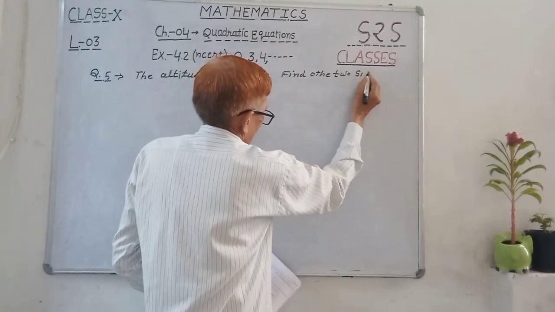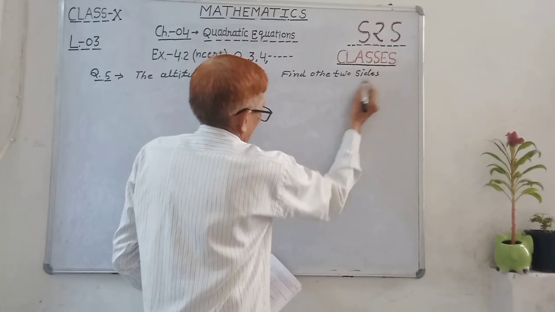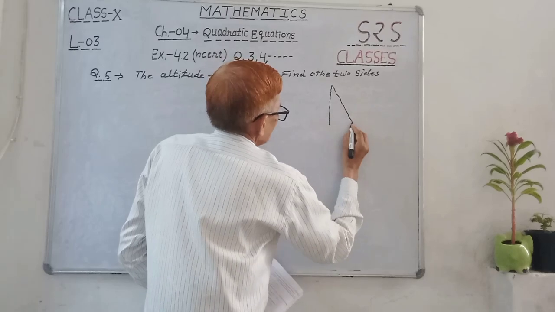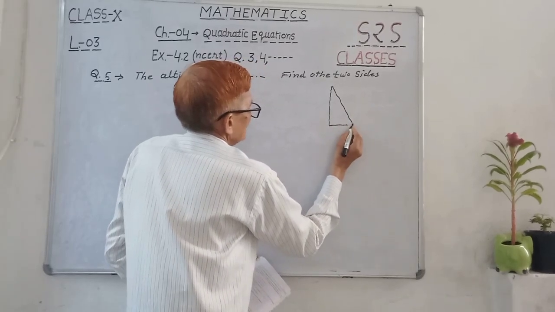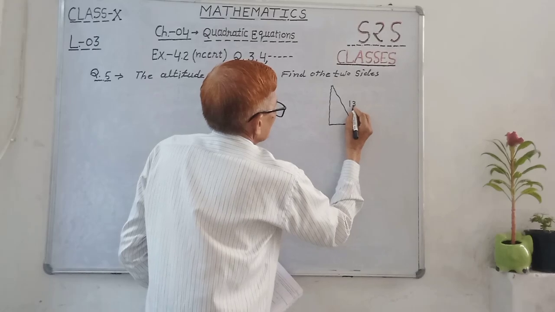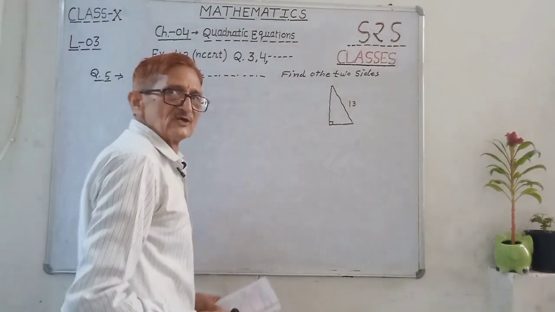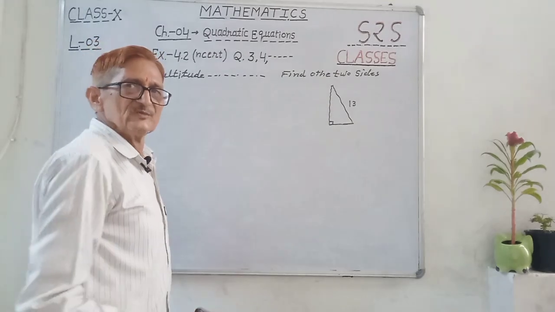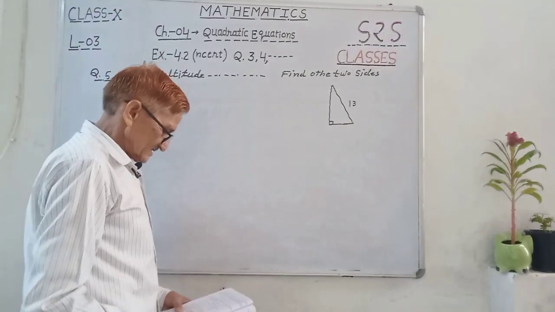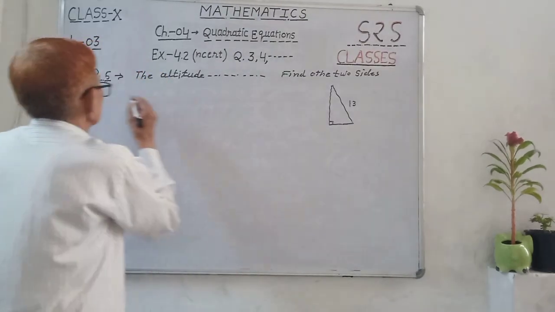One side is given. In a right triangle, the hypotenuse is 13 and altitude means perpendicular. This is called altitude. Altitude means perpendicular is 7 less than the base. This is given, 7 cm less than its base.